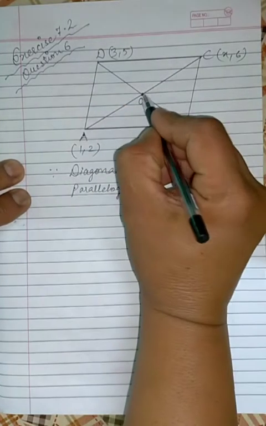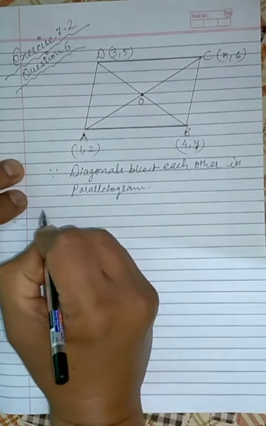So we will find out the coordinates of O for AC and BD one by one.